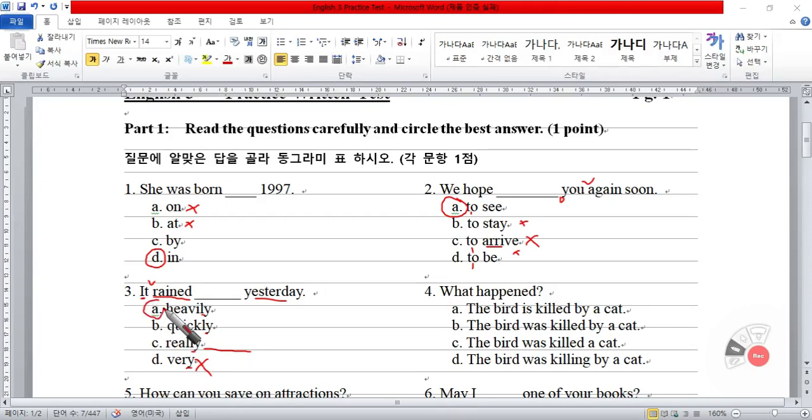If you studied in Unit 2, I think it's on the starter activity. The sentence might seem very familiar. Maybe it sounds like something you studied in week 2 in your other online lecture. It rained heavily. Quickly might sound like a better word, because when it rains heavily, the rain falls very fast. There's a lot of it.